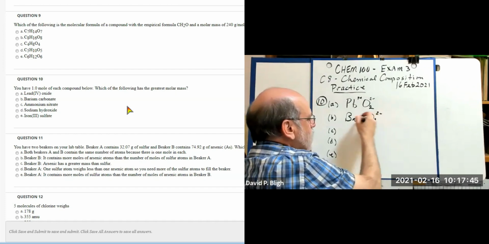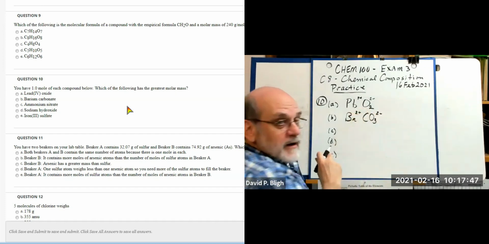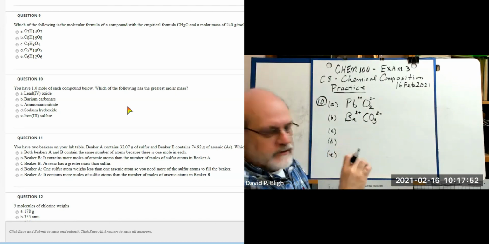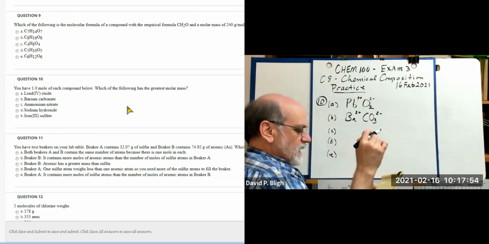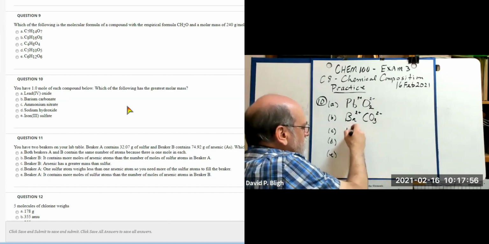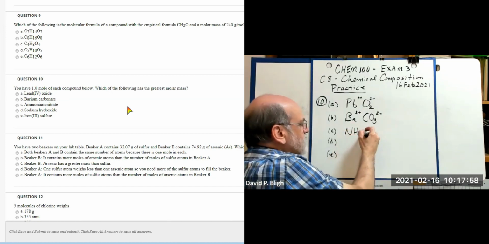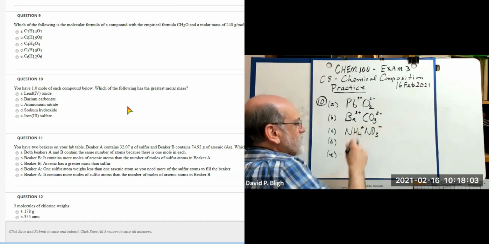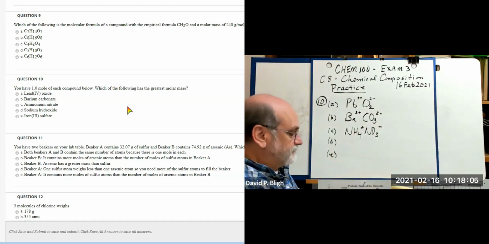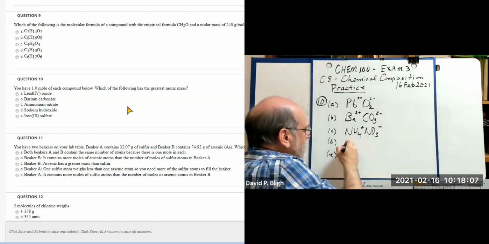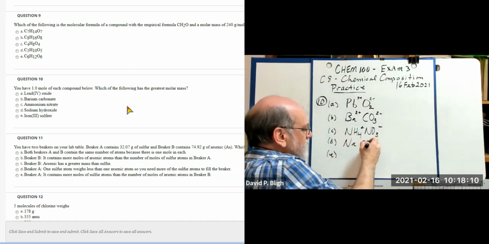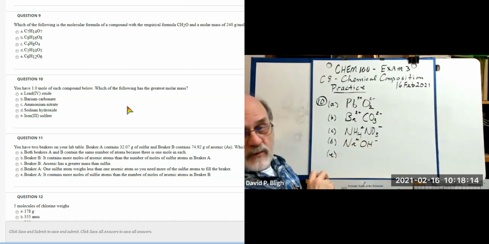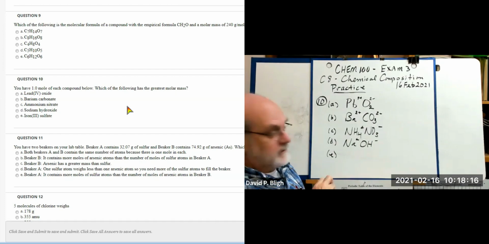It has a 2- charge, barium has a 2+ charge, because barium is an alkaline earth, always 2+. Ammonium nitrate, that's one where we have 2 polyatomic ions. That's a minus and that's a plus, so you only need 1 of each. Sodium hydroxide. Hydroxide is a polyatomic. It's a -1. Sodium is a +1 because it's an alkali metal.